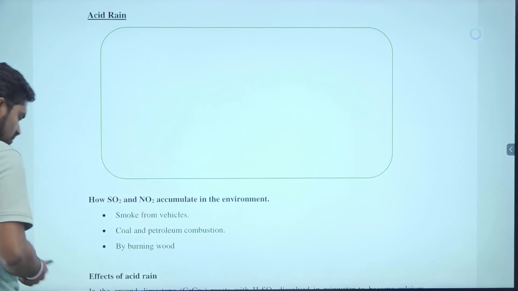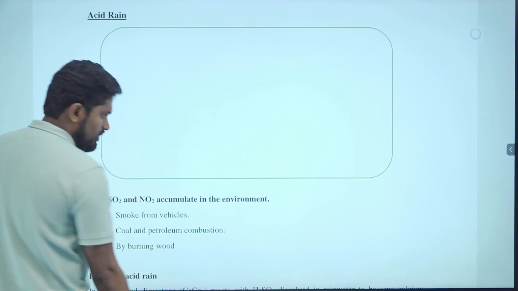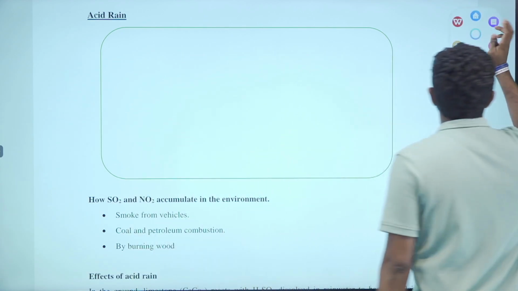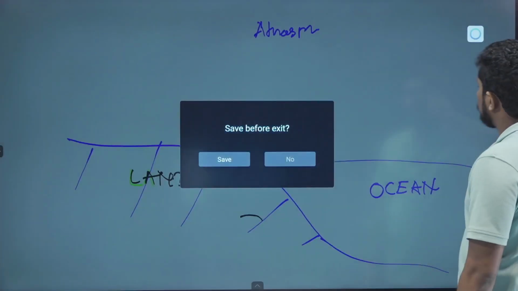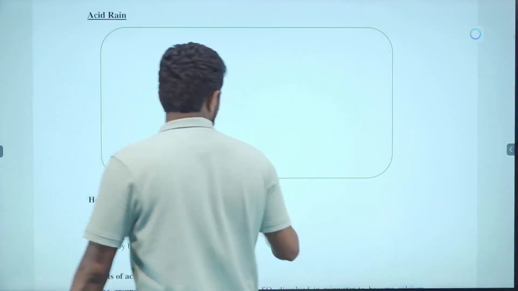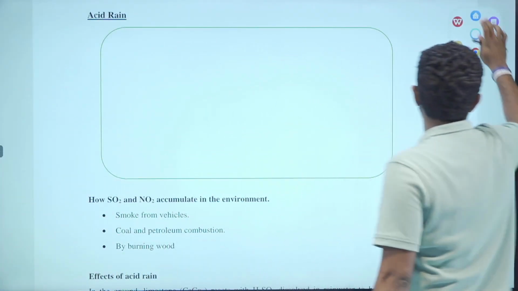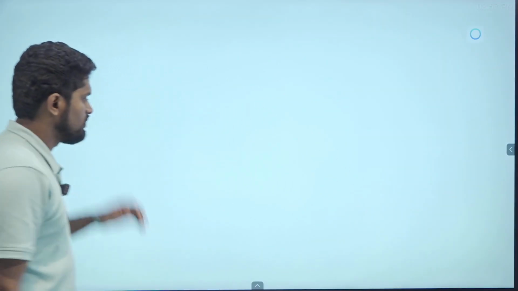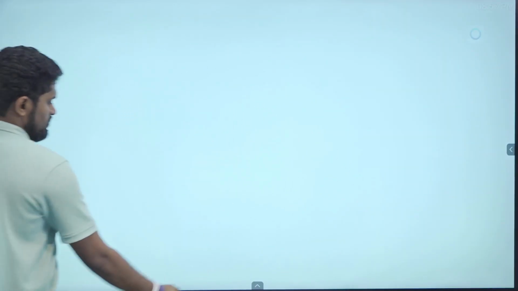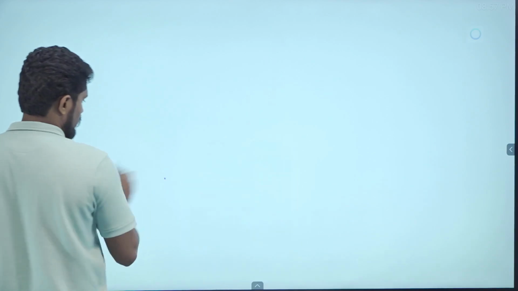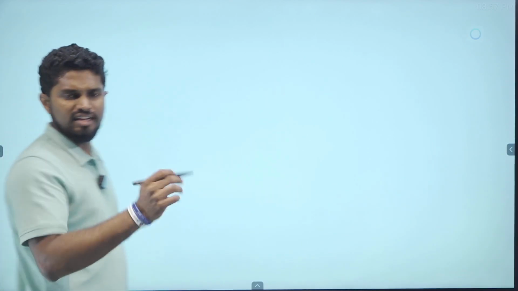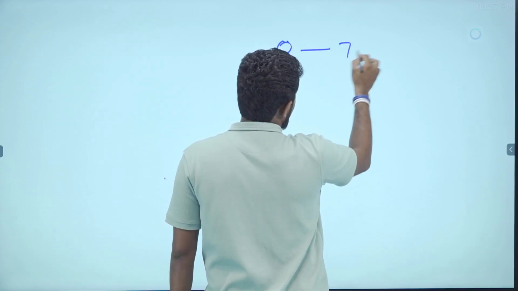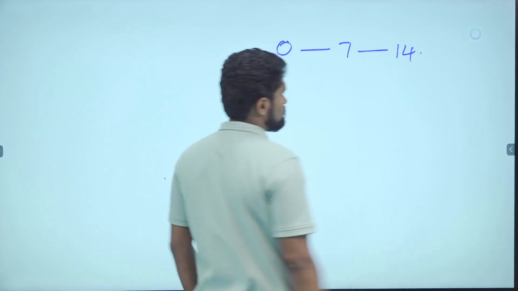Okay, guys, if you are moving to the pH gauge, you know the pH value can be changed from 0 to 7 to 14, no?